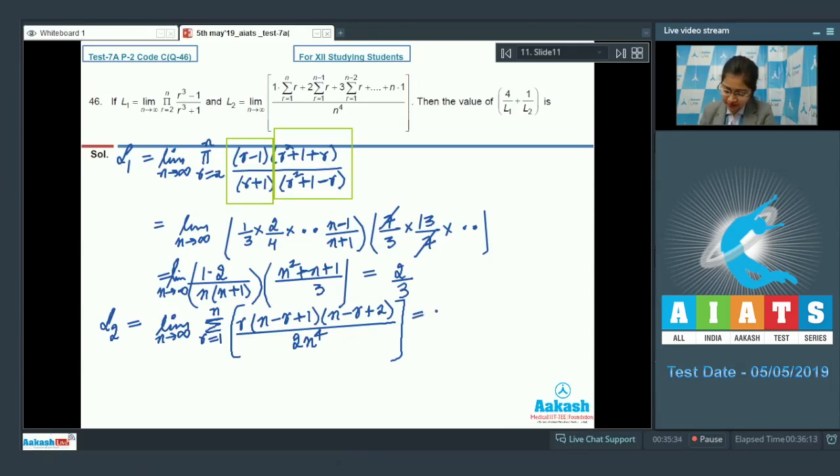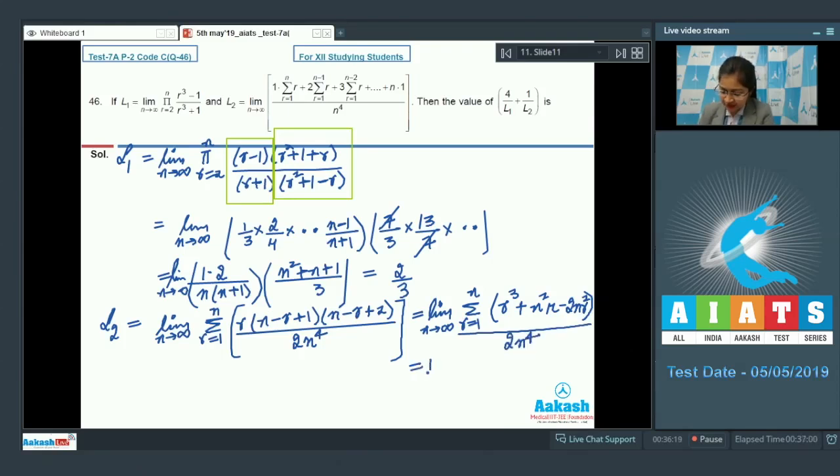Right? So this can directly be written equal to limit n tending to infinity, summation r equal to 1 to n of the 3-degree terms, that will be r cube plus n square r minus 2n r square, and in the denominator we have 2 times n raised to the power 4.